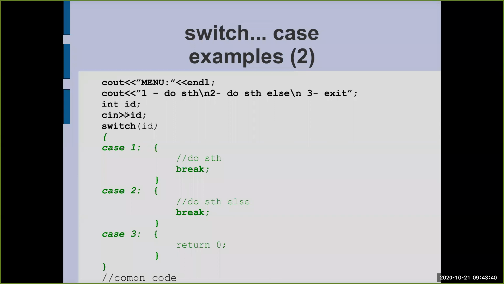So in this case, cin gets the numeric value from the user input. So here I can have, let's say, case 30 as well, but it is impossible to have case X. So it is impossible that the user answer will be something other than a digit.